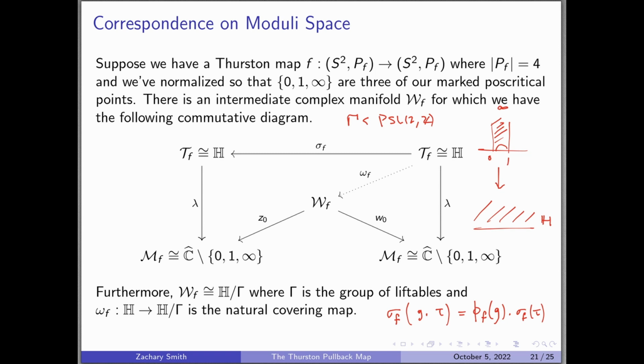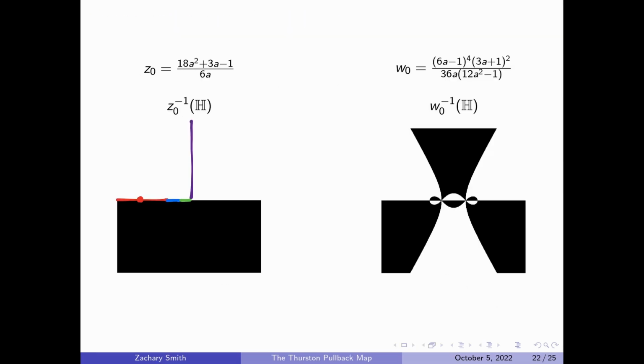It's only going to be defined on a special subgroup, which is going to be the group of liftables. But I'm going to be vague here, and I apologize. None of this is very formal or rigorous or detailed, but we're going to move on nonetheless.